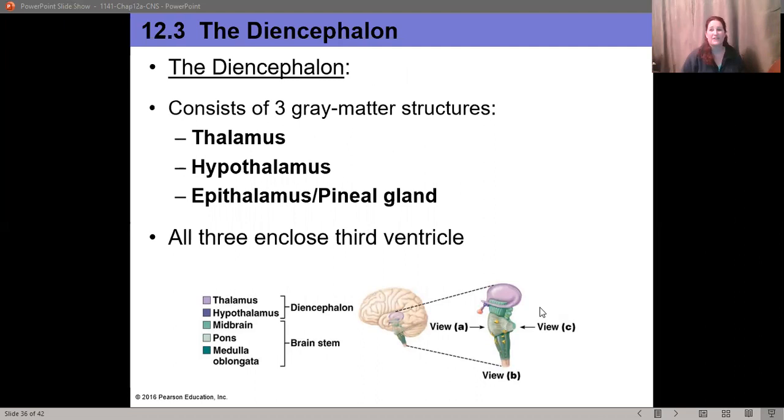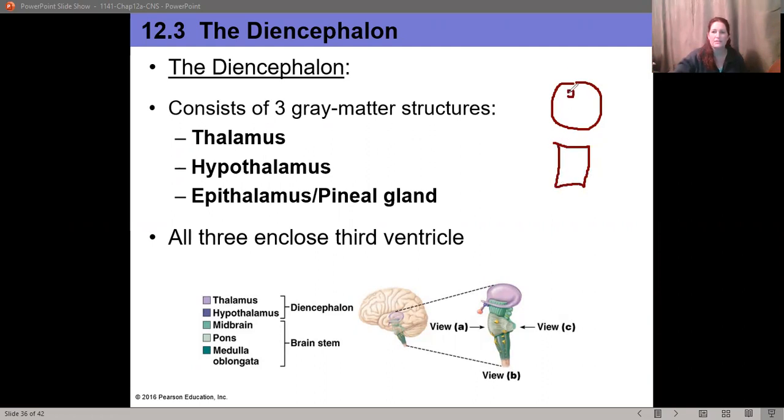Okay, on to our last section of tonight. We're going to talk about the diencephalon. The diencephalon is made up of 3 gray matter structures. So the thalamus and the hypothalamus are what are called clusters of nuclei. So the thalamus is very round, and then the hypothalamus is a little bit different shaped.